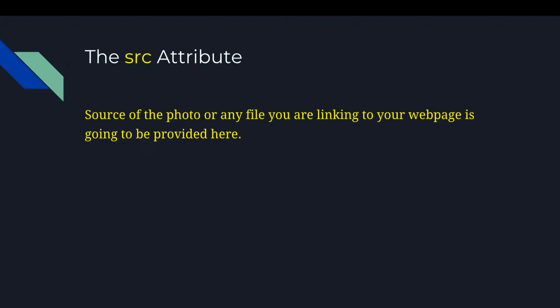If the photo is PNG, you should provide PNG. I'll tell you about the difference between these two, and which one is better, as people have opinions about these extensions. So coming back to src, this is another attribute which basically defines the path of the file or the asset we are adding into the web page.